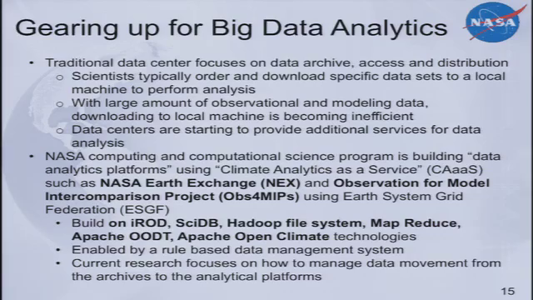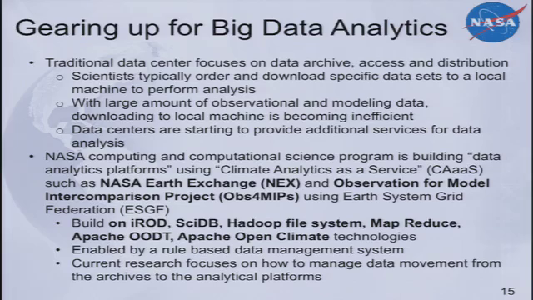So we started working on this platform since 2008 as a kind of a prototype and advanced prototyping of a platform that can be used by climate scientists. We call it NASA Earth Exchange.